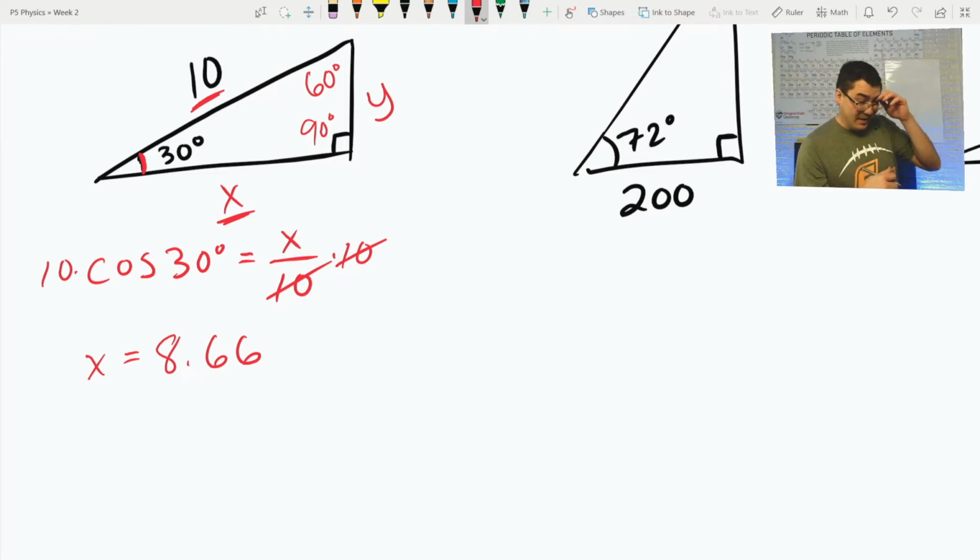And to get y, you could either solve with the Pythagorean Theorem, now because it's a right triangle, or probably preferred is to just use the other trig ratio, use the sine. So compared to the 30-degree angle, y and 10 are the opposite and the hypotenuse sides.